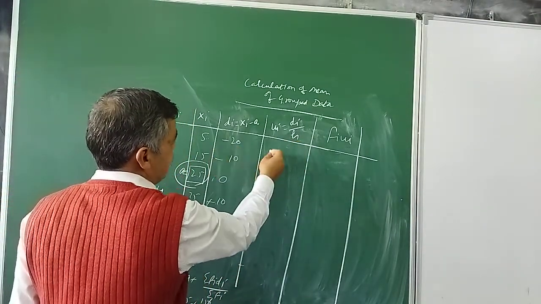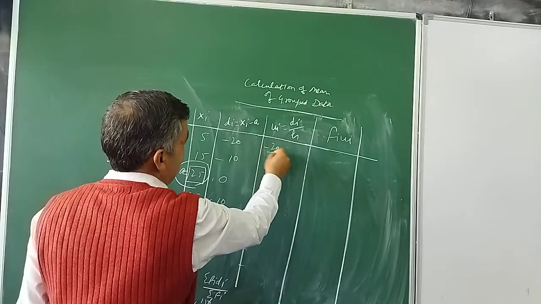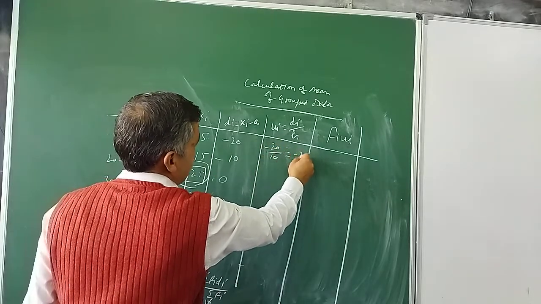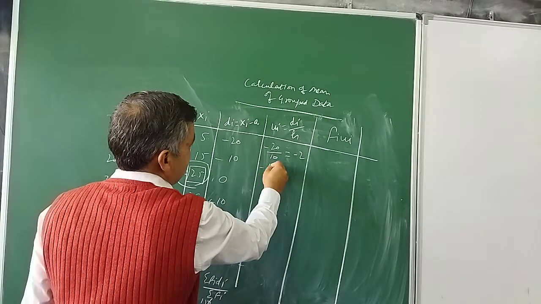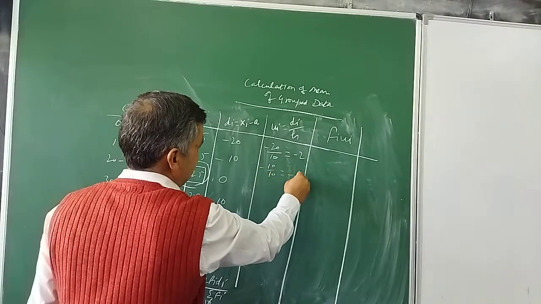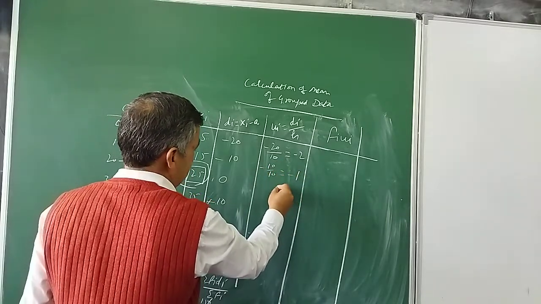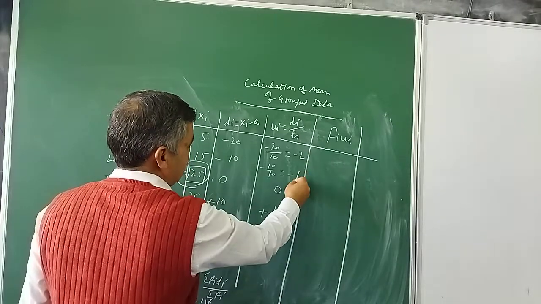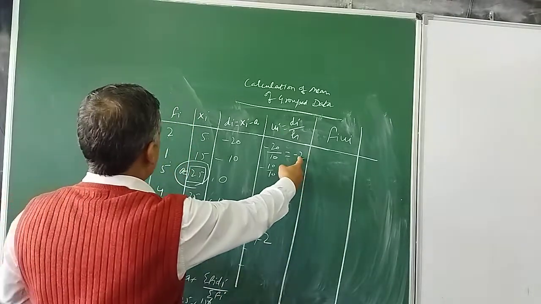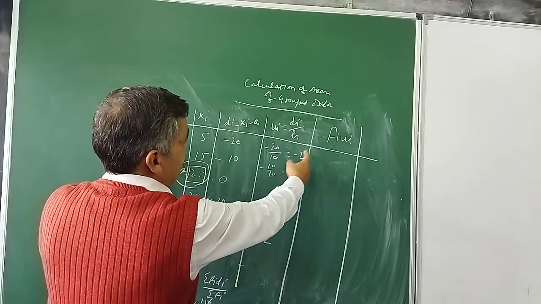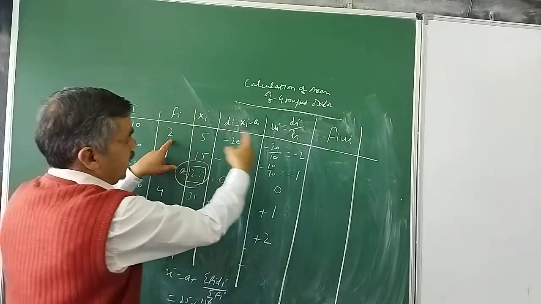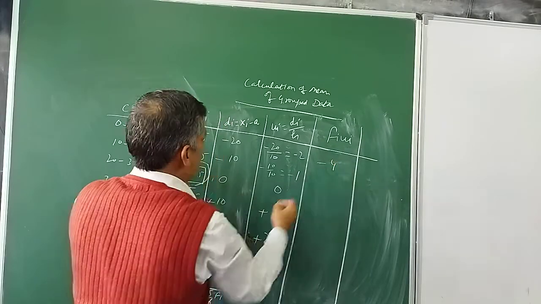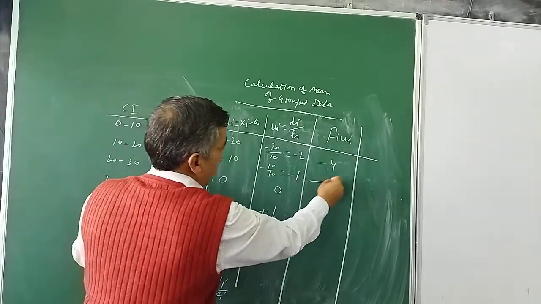di is x minus a, so minus 20 upon 10 is equal to minus 2. Minus 10 upon 10 is equal to minus 1. And this will be 0, this will be 1 and this will be plus 2. These are 2 in minus. So minus 2 into fi ui: 2 2s are 4 minus. 1 ones are 1 minus.